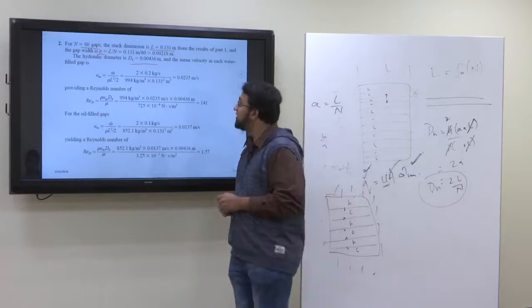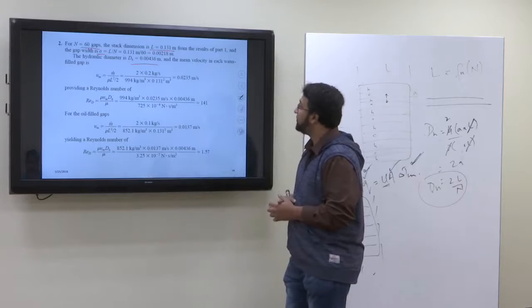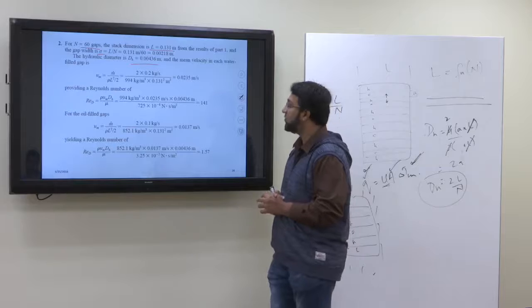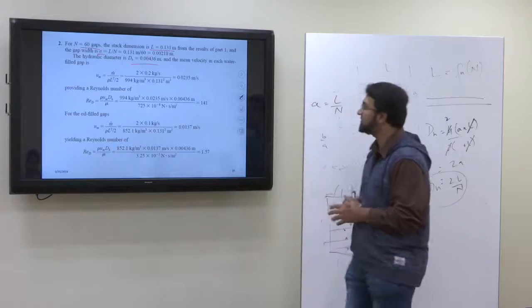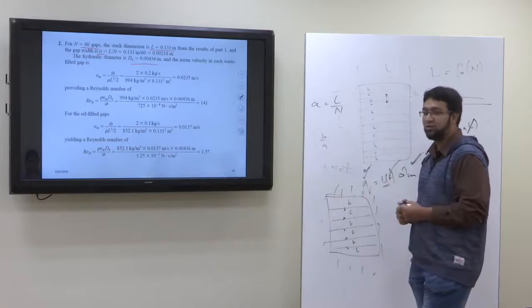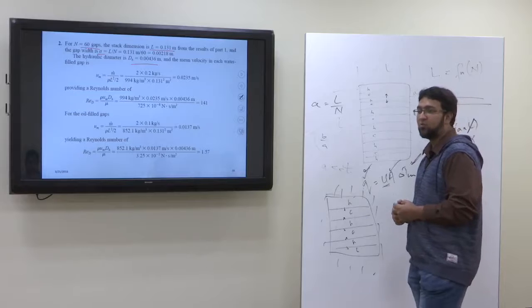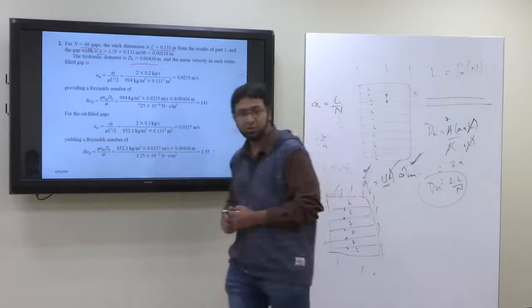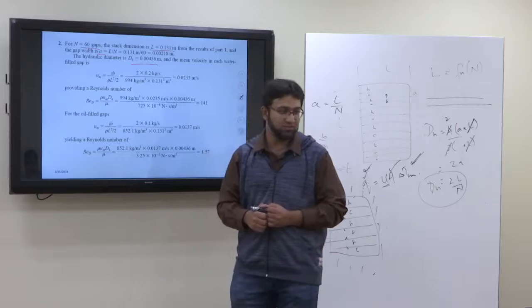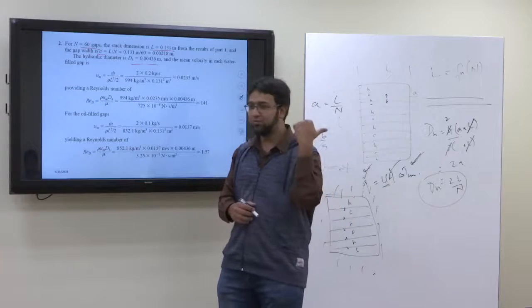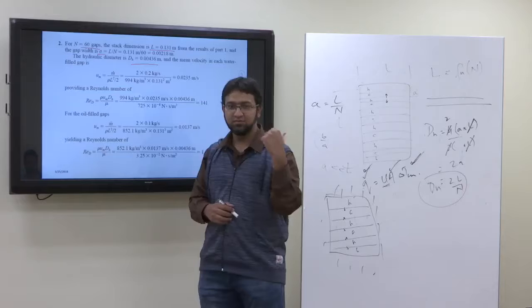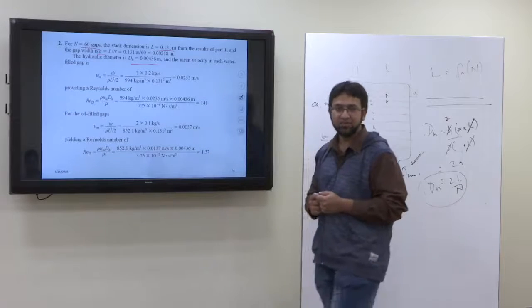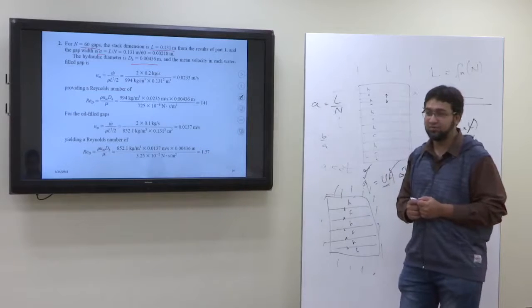Now for finding the pressure drop, first of all, let's find the Reynolds number. We did not find the Reynolds number for the previous cases. We didn't calculate the pressure drop there. But now we have to find the Reynolds number.